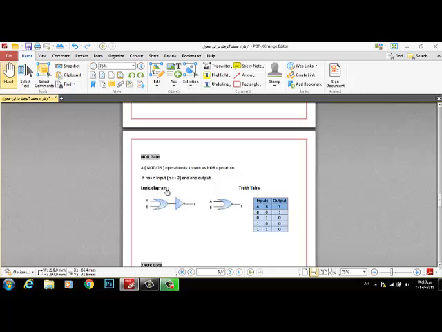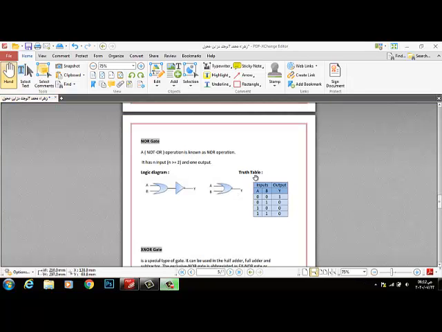The symbols of the NOR gate, the OR gate and the NOT gate together make these symbols. 2 inputs and 1 output. The truth table shows the outputs all have a value of 0 except 1 cell. When we input 0 in both of the cells, the output was 1.